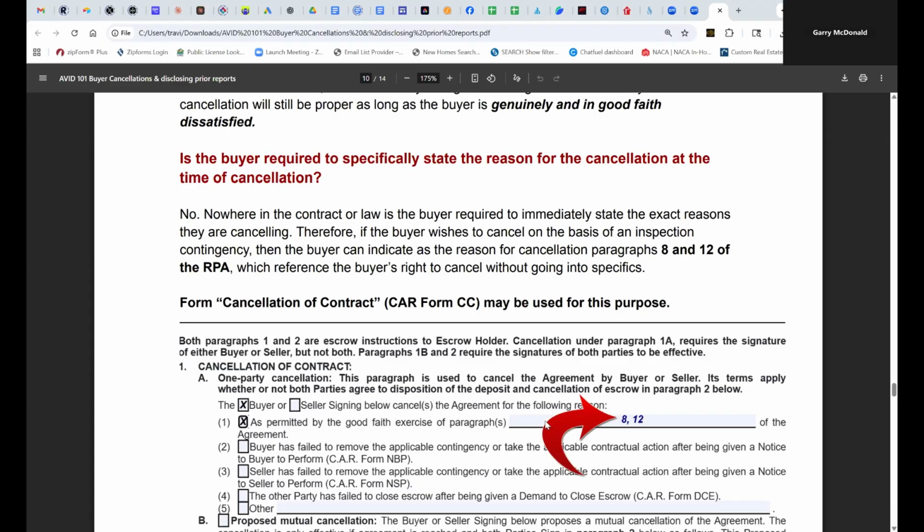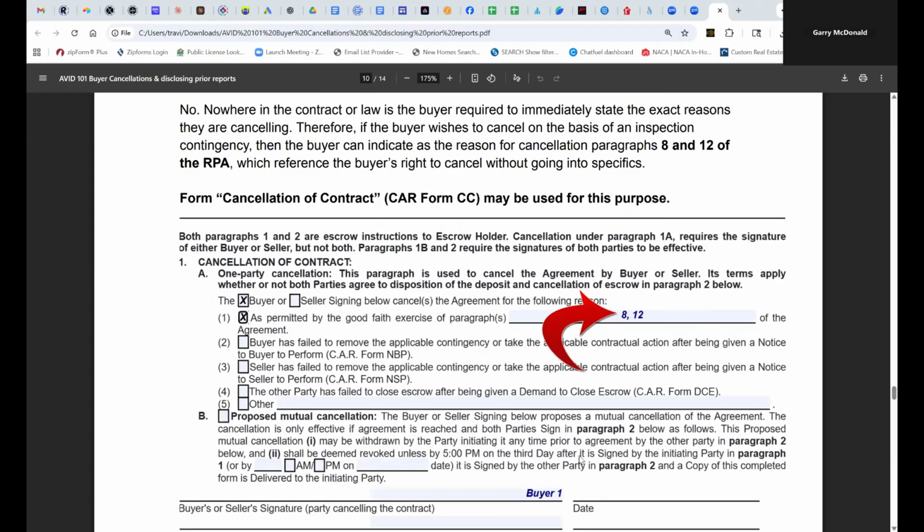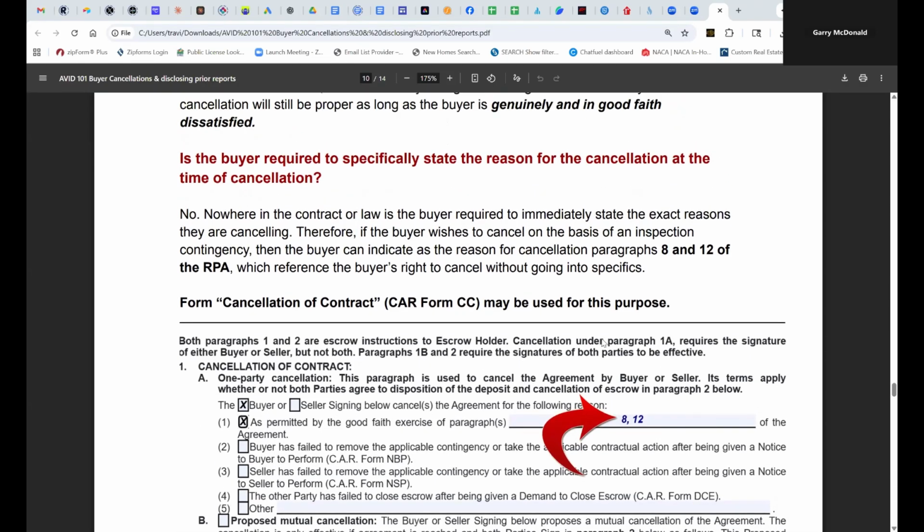So we don't want to put down a whole bunch of things like, oh, the buyer didn't like the plumbing report that came back, or the age of the roof was older than they thought. We're not putting those down here. It says right here, as permitted by good faith exercise of paragraphs 8 and 12 of the agreement. So we're not giving the reasons, we're saying what paragraph we're using to cancel.